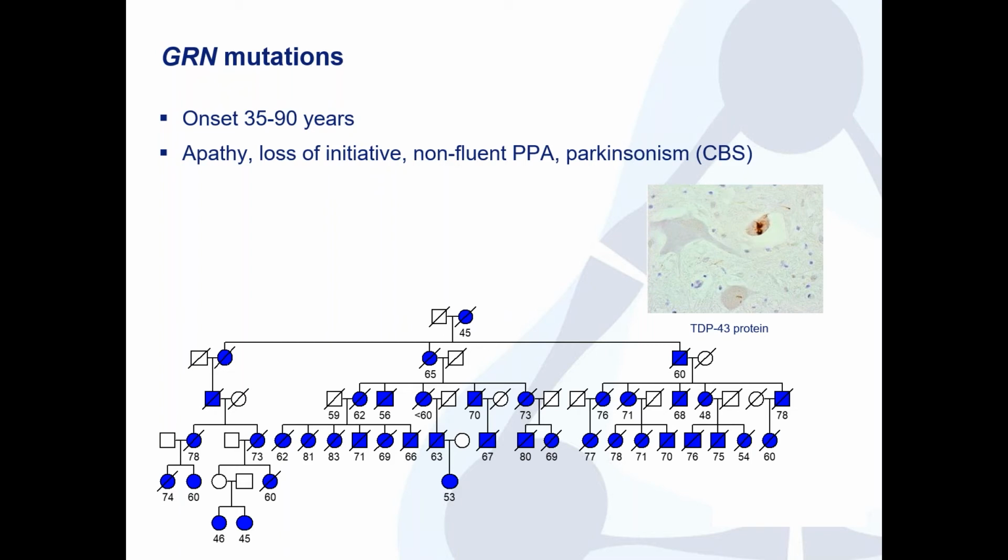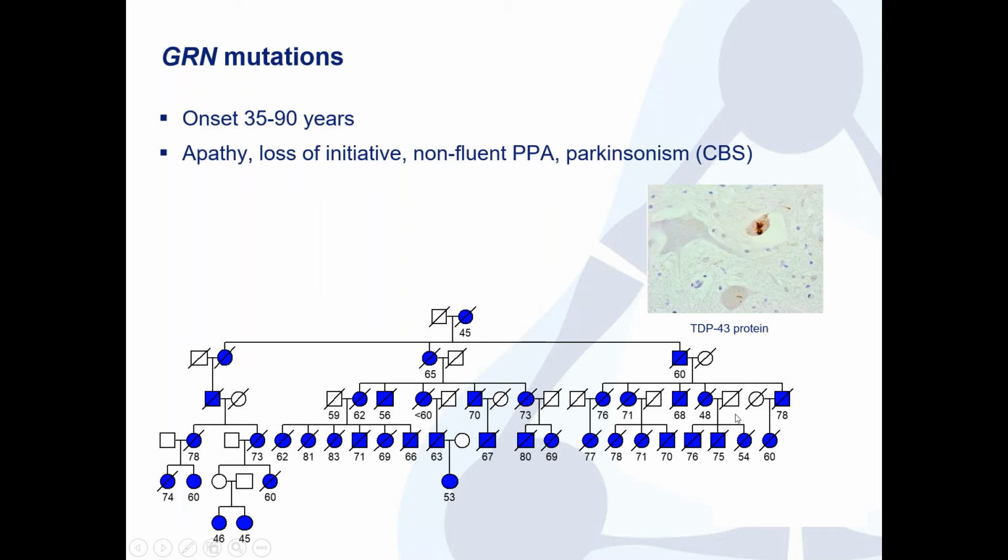Other patients exhibit mostly Parkinsonism, like in corticobasal syndrome. In contrast to the MAPT, here neuropathological examination does not reveal the tau protein accumulation, but there's accumulation of the so-called TDP43 protein. We call this FTLD TDP pathology.